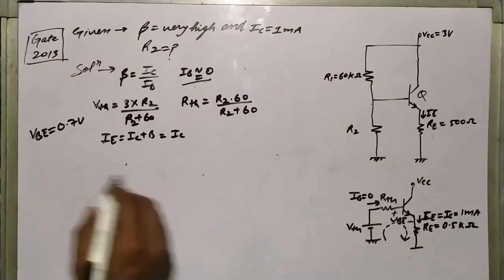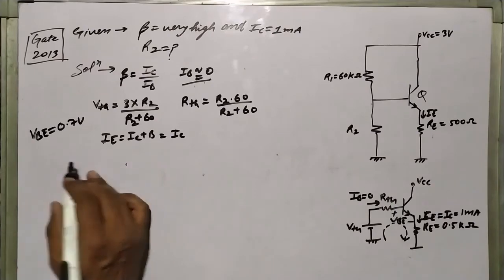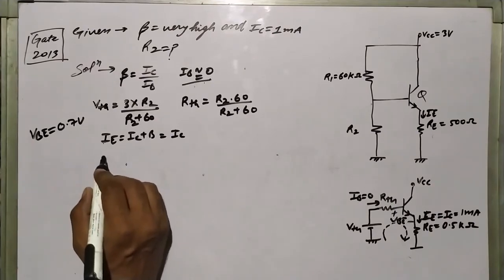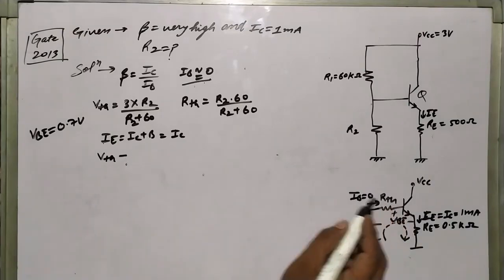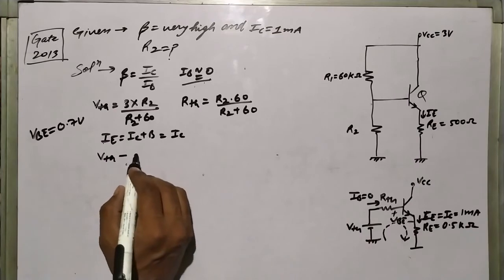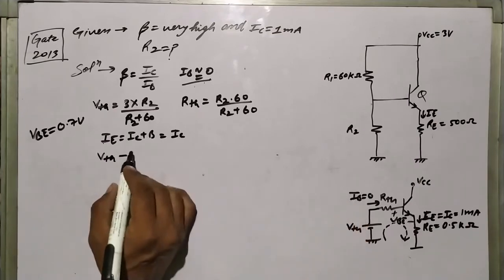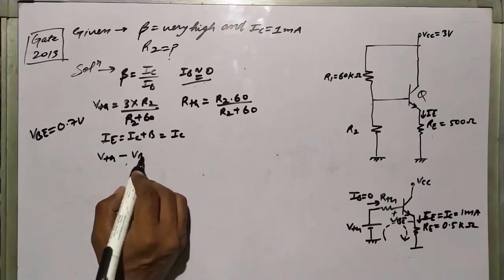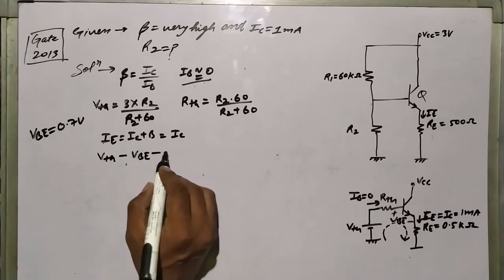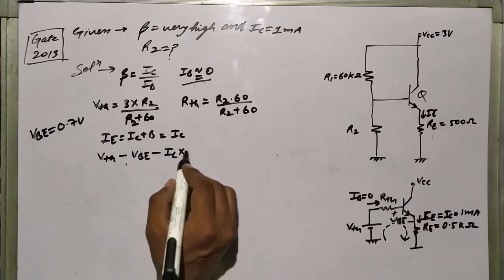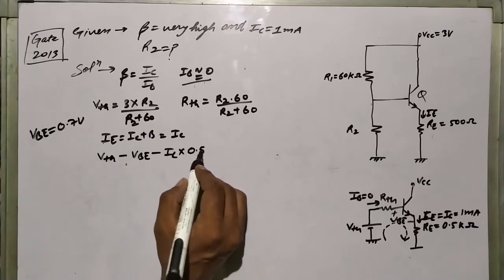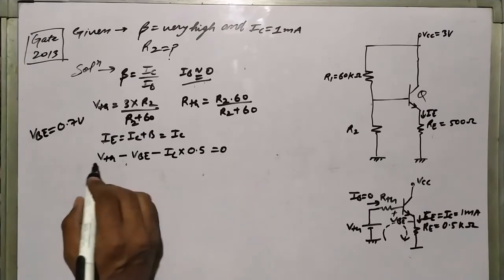So let's apply the KVL. VTH minus the voltage across RTH, which is 0 since IB equals 0, minus VBE, minus IE or IC times 0.5, equals 0.